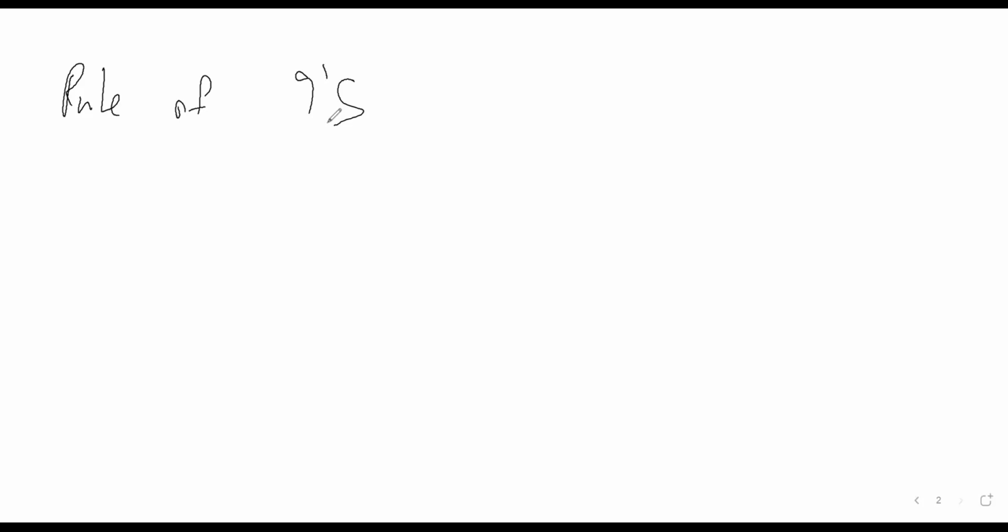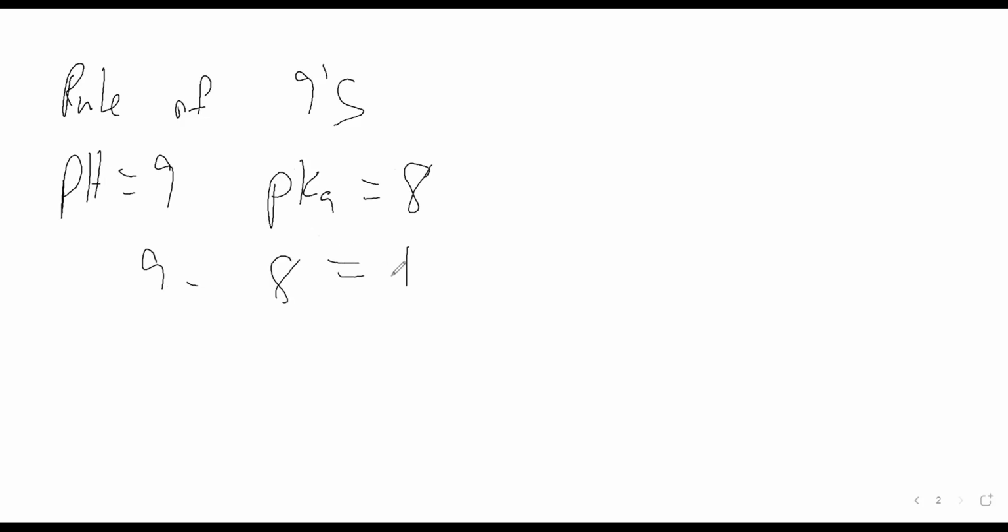So for example, let's say we've got a pH of 9 and a pKa of 8. So 9 minus 8 equals 1.